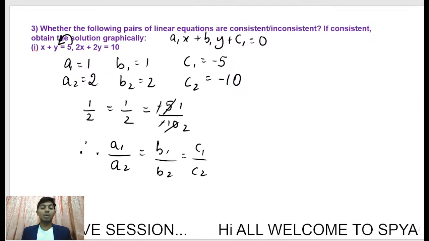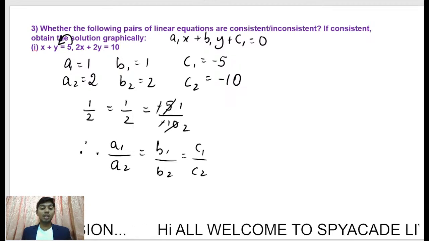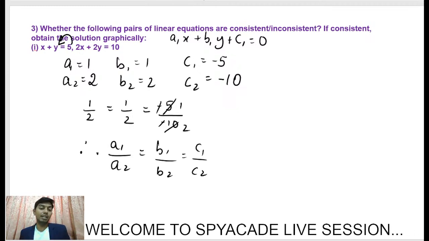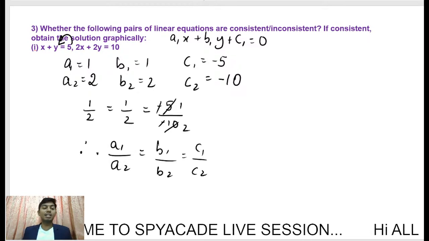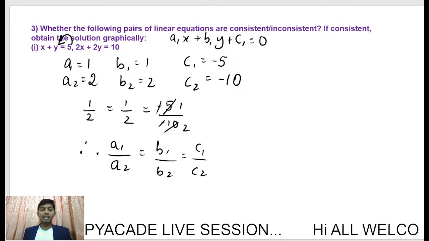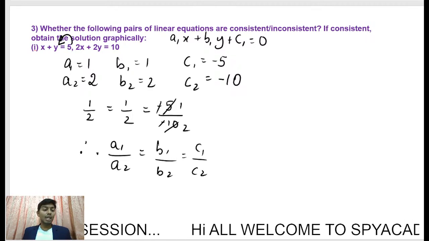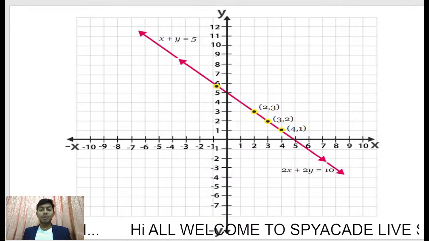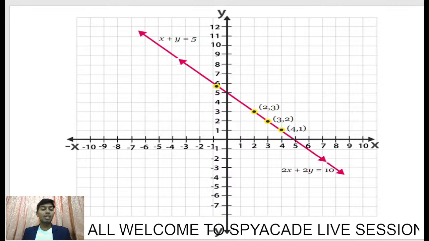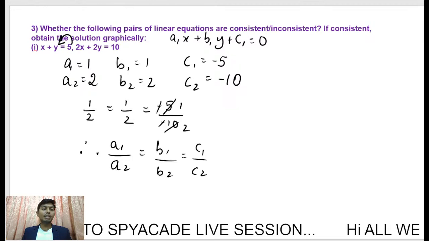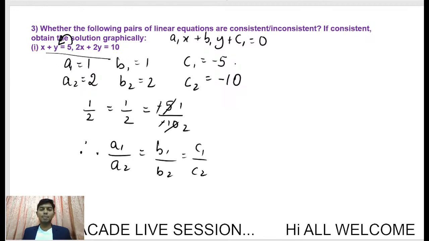Okay, so here what we are going to do? We are just going to find the solution graphically. Is it clear for everyone? Yes. So here are the two equations: x plus y is equal to 5, and then 2x plus 2y is equal to 10. So you can choose a few numbers.